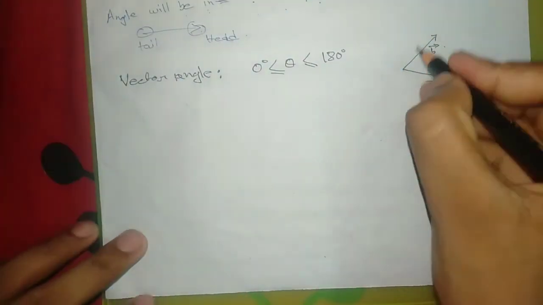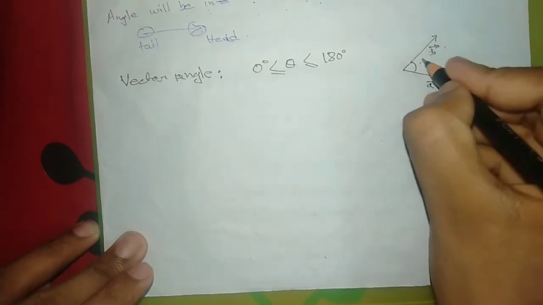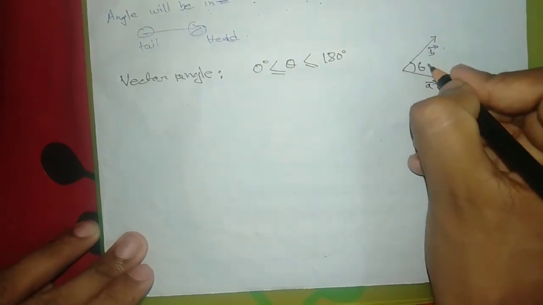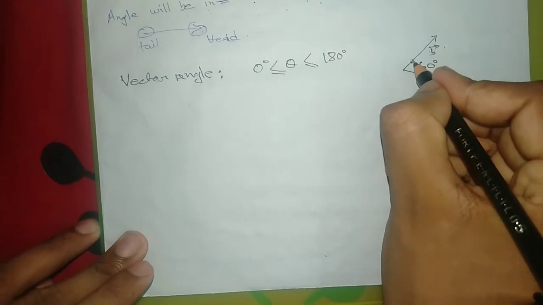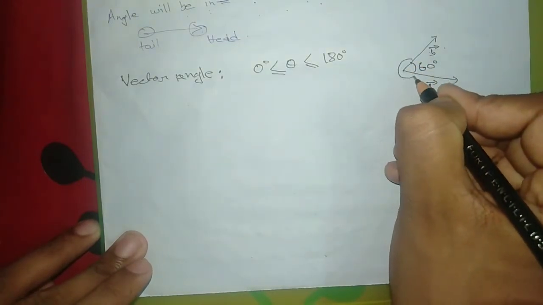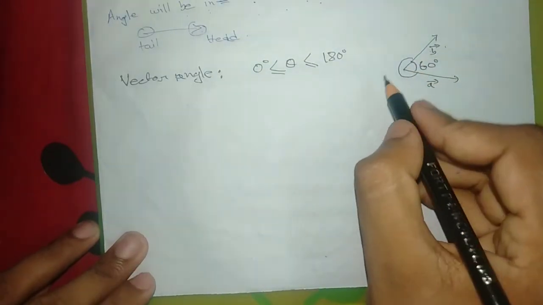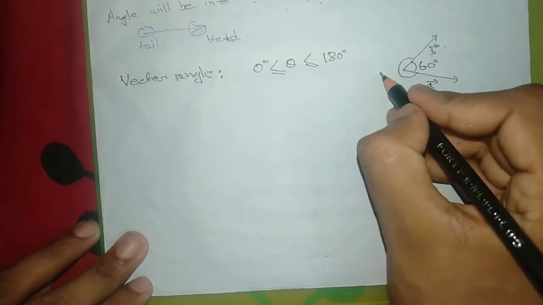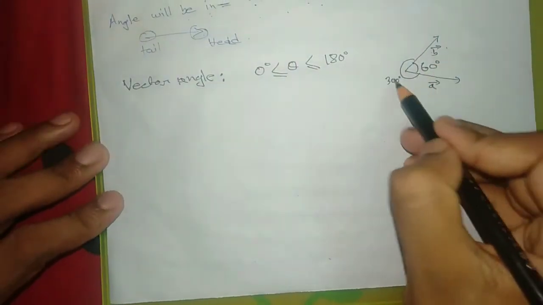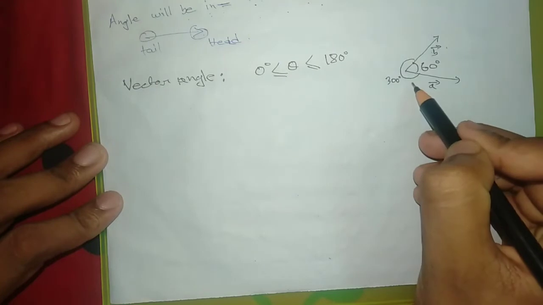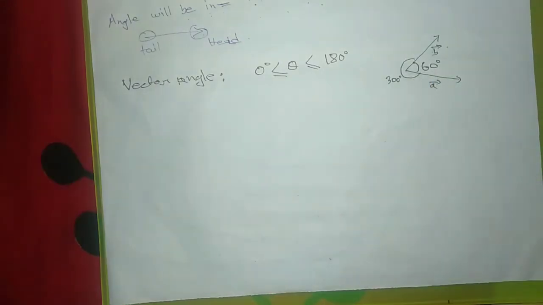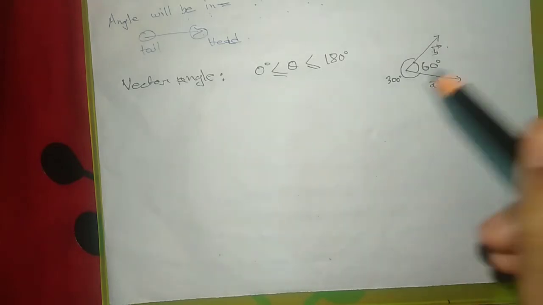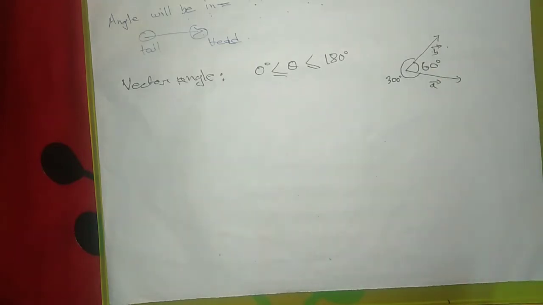Consider it is 60 degrees and this is 300 degrees. Then if you are asked to find the angle between two vectors, you have to find which angle will be the vector part.